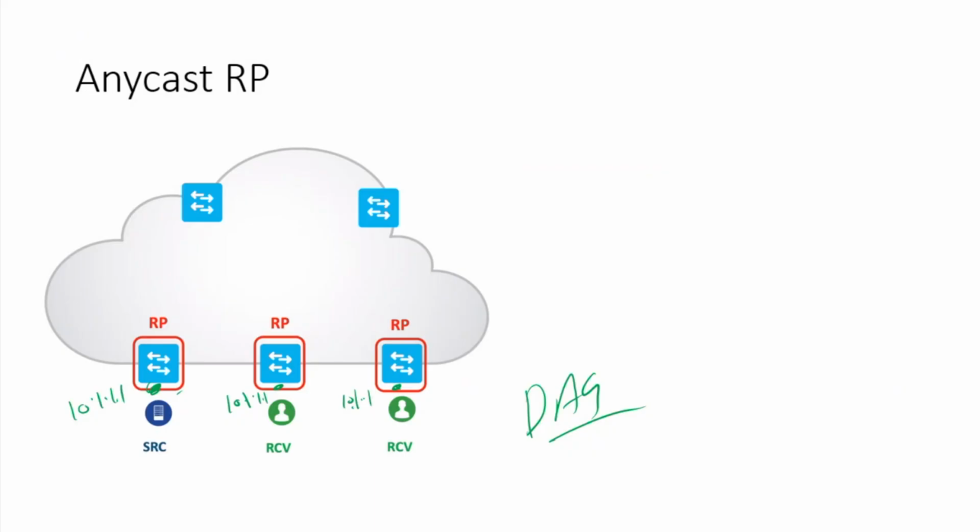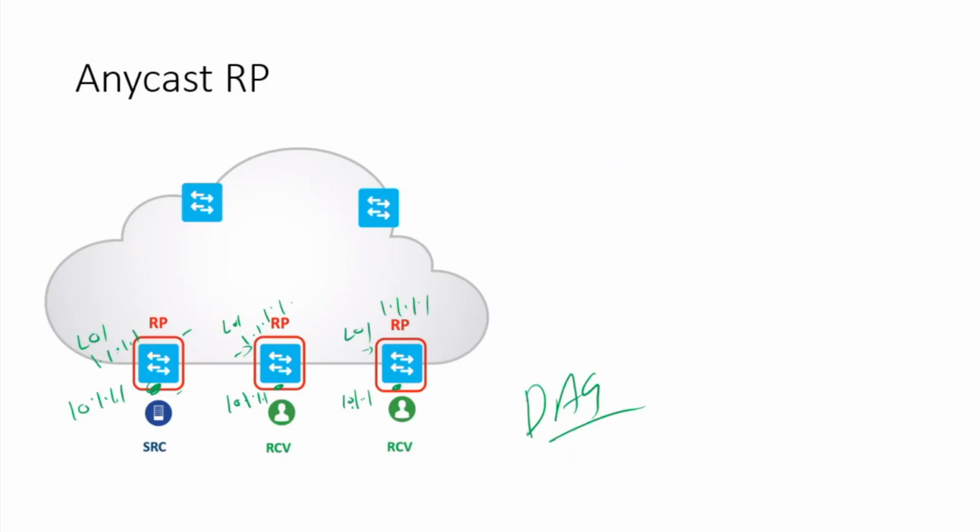That means I will configure loopback, let's say 1 as RP here, the same loopback 1 with the same IP as RP here and here. They have the same IP, by the way. Let's take it 1.1.1.1. But here is the important difference.